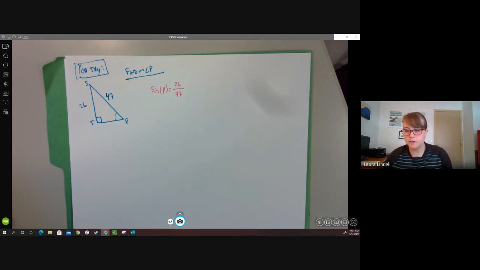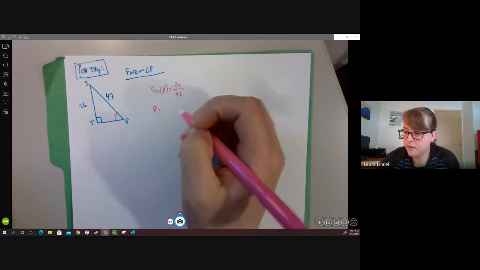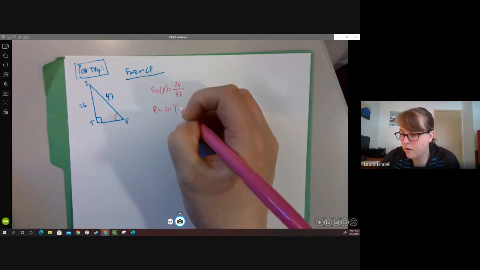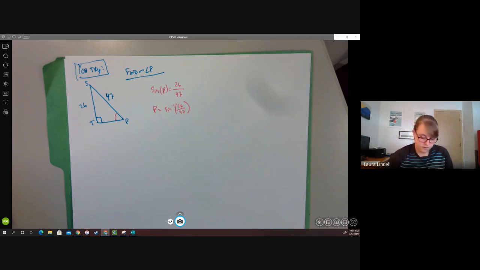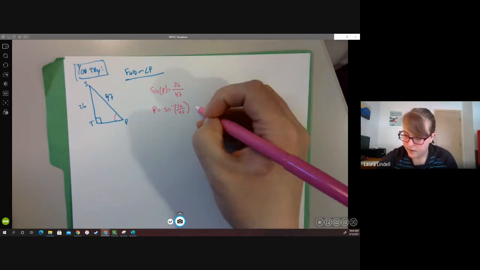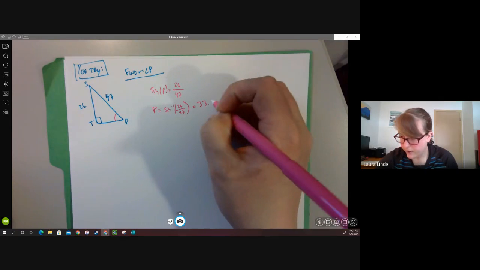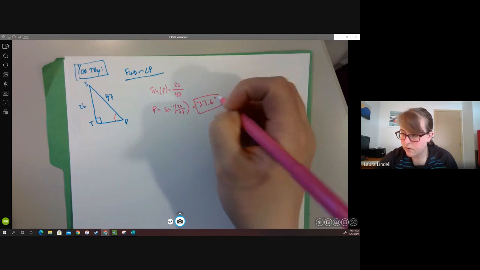Then we do sine inverse. So in your calculator, second sine, 26 over 47, which gives us about 33.6 degrees.